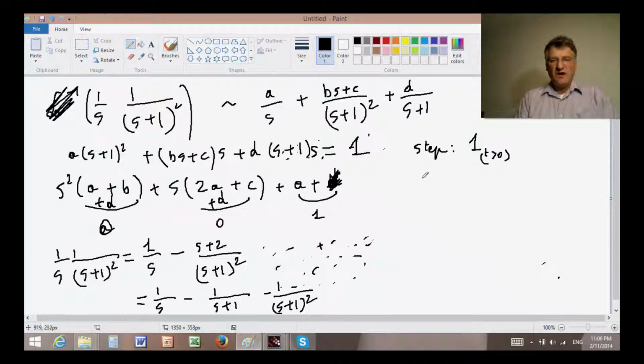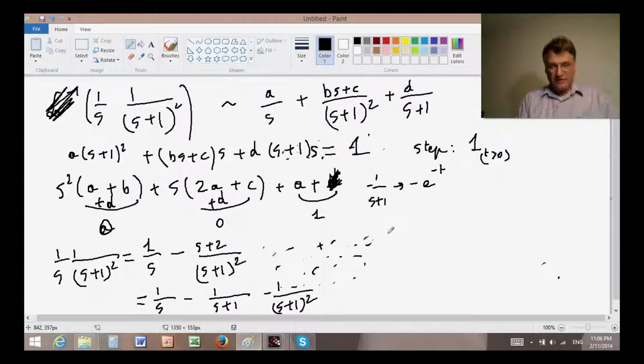Now minus 1 over s plus 1, its inverse transform is minus e to the minus t. Now, what is minus 1 over s plus 1 squared?